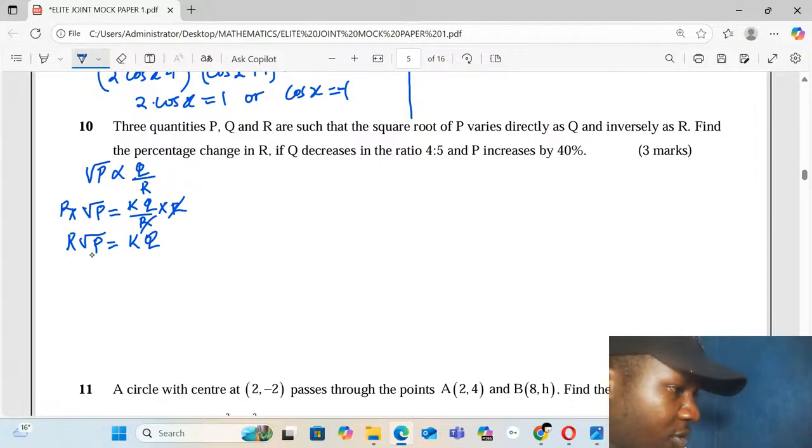Now we divide both sides by root P, so that we have R is equal to KQ over root P.